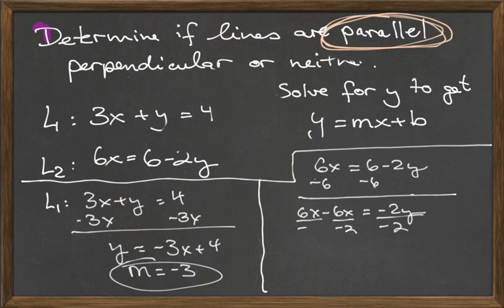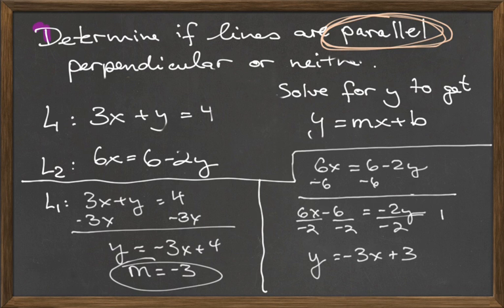And then you divide everything by negative 2. So now I'm going to write the y first. y equals negative 3x. Why do I have 2 x's here, people? This should be just a 6. 6x minus 6. And that is a plus 3.